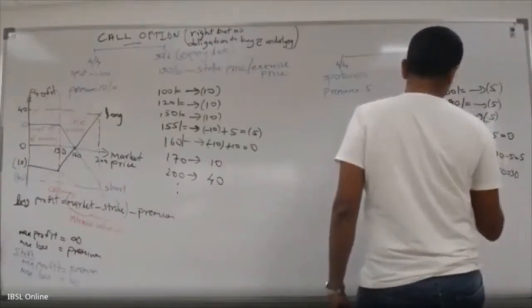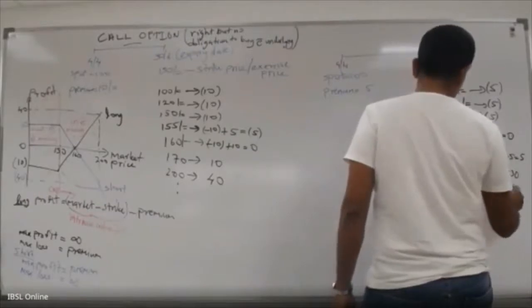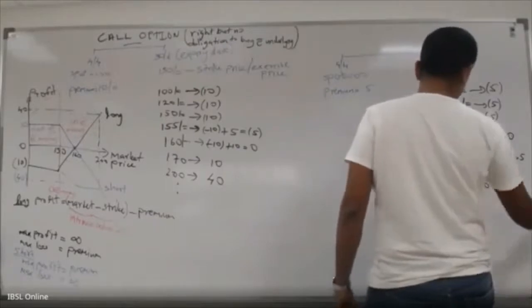Then at 10, you sell it to me at 80. You make a benefit of 70 minus 5.